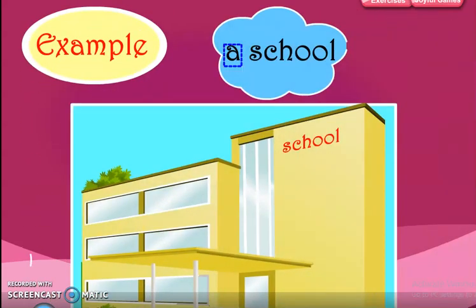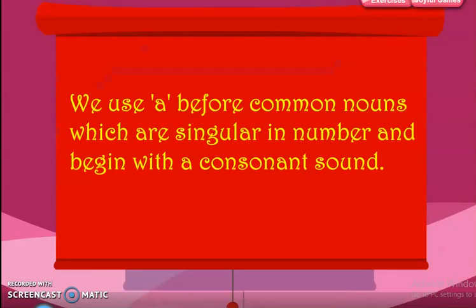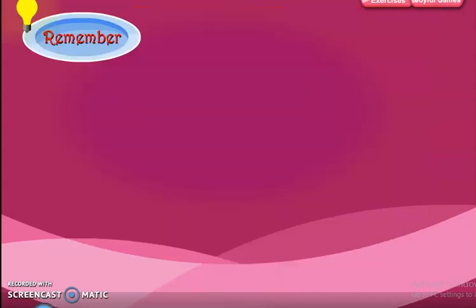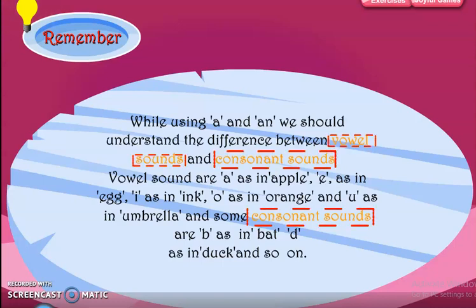Example, a school, a bag, a toy. We use a before common nouns which are singular in number and begin with a consonant sound. Remember, while using a and an, we should understand the difference between vowel sounds and consonant sounds.